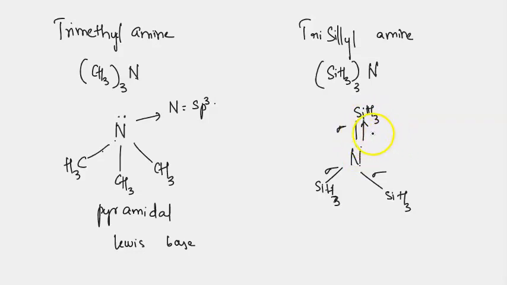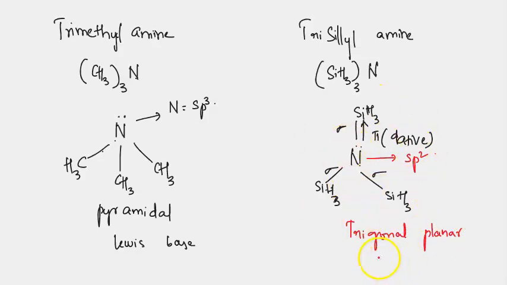So this is a dative pi bond, because of which there is a double bond character between silicon and nitrogen, and the nitrogen hybridization in this molecule is sp2 hybridization, because of which the geometry is trigonal planar, and the nature of this molecule is not a Lewis base. These are the differences and the structures of trimethylamine and trisilylamine.